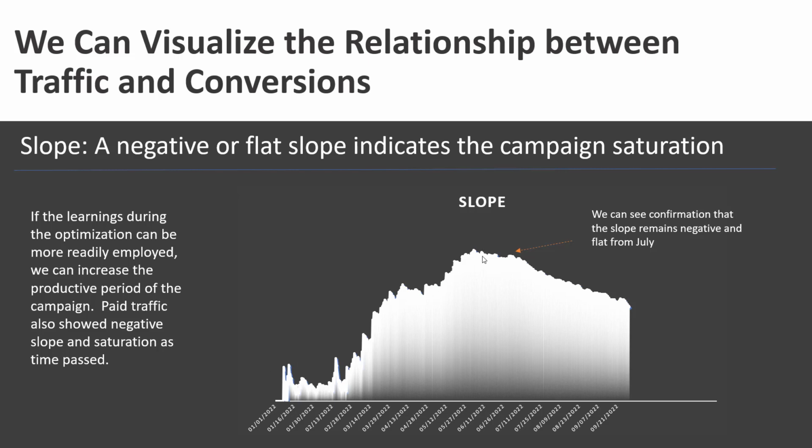And then we see this decline around the end of July where our slope starts going down and we see fewer conversions, or the interaction between conversion and traffic goes down. So this helps to indicate that we probably saw a saturation point at the end of July.